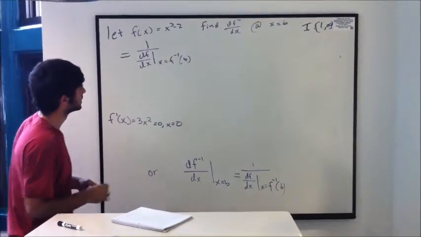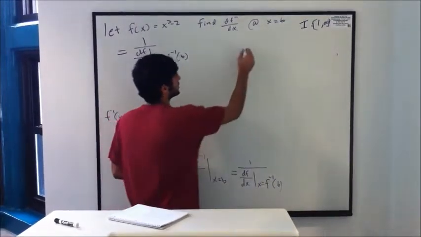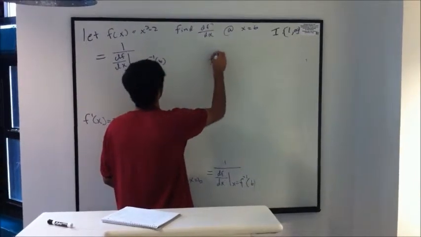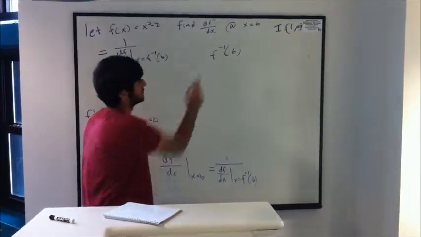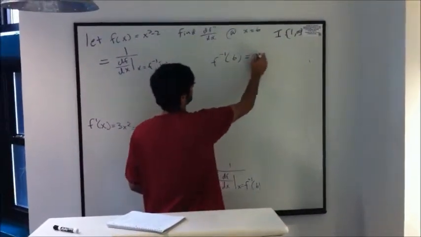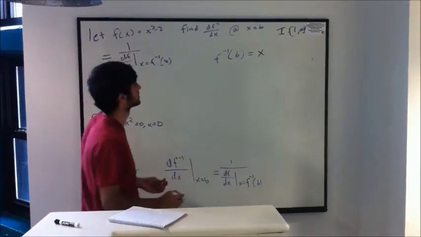So, what is the f inverse of b? That's the next step. So at this point, we're trying to find f inverse of 6. 6 is b, point. So, let's say f inverse of x equals 6. So we're trying to find x.